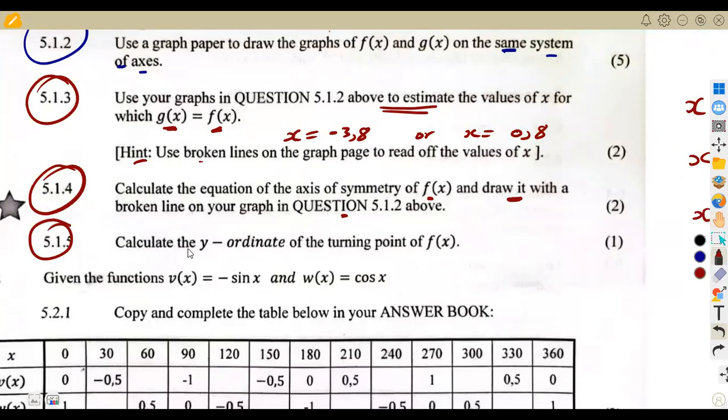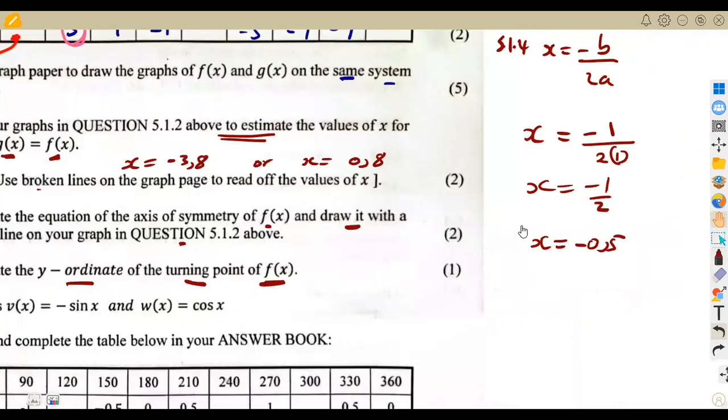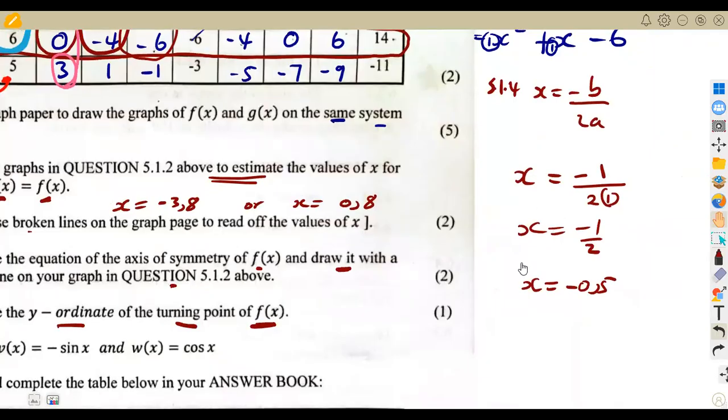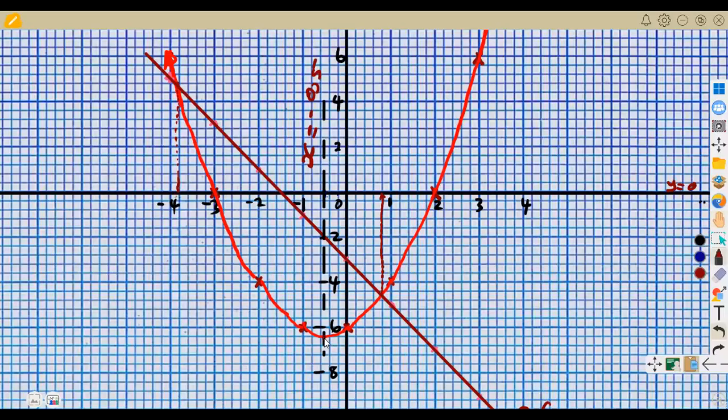5.15, calculate the y-ordinate of the turning point of f of x. Remember, at the turning point, the x value is the same as the x that we have at the axis of symmetry. So we are simply going to substitute that.